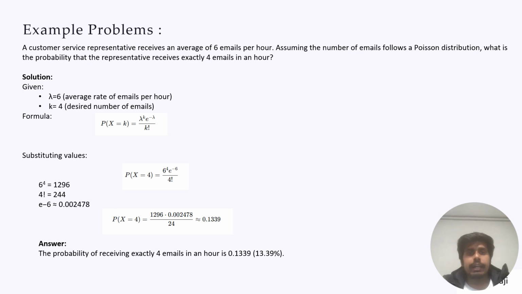So here lambda, the average rate, is 6, and the number of emails is 4. Substituting these values in the formula, we get 0.1339, which, converted to a percentage, is 13.39 percent.